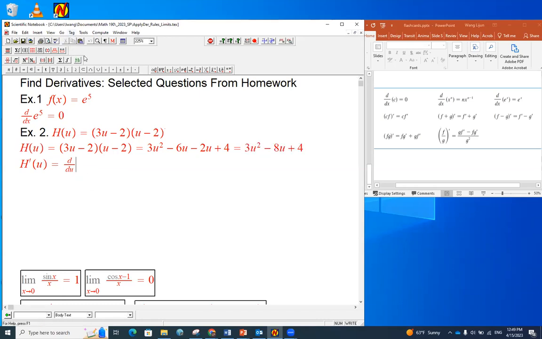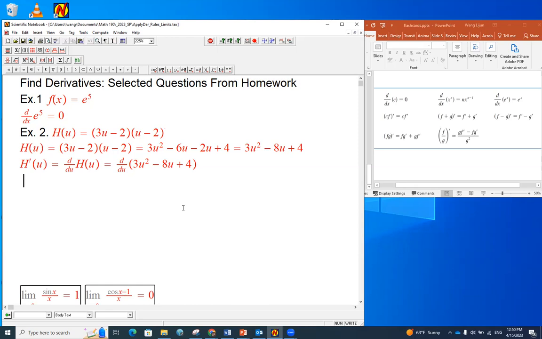So get familiar with using these notations, okay? You can also write it this way, because h of u equals, in this expanded form, that, but make sure you put parentheses. And then we can use the addition subtraction rule to differentiate.